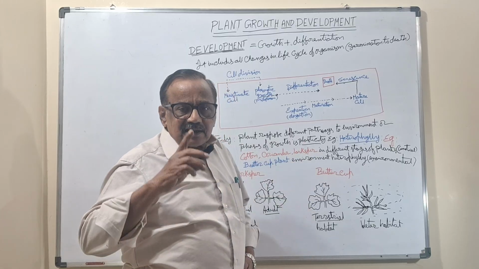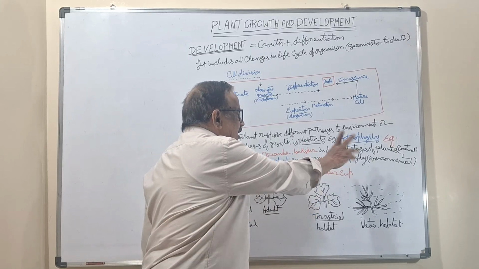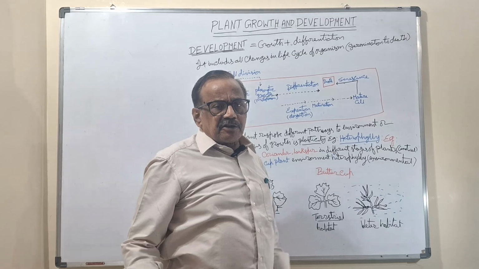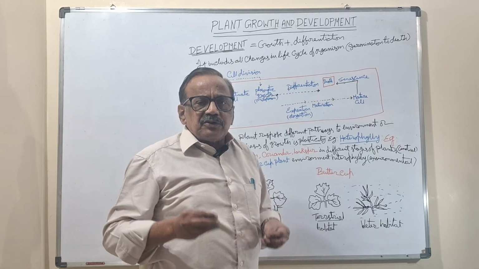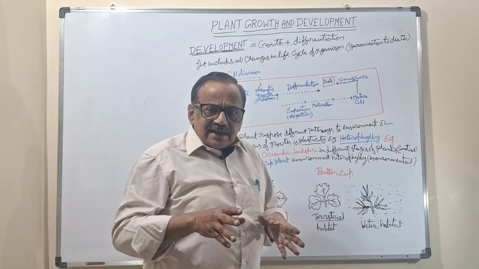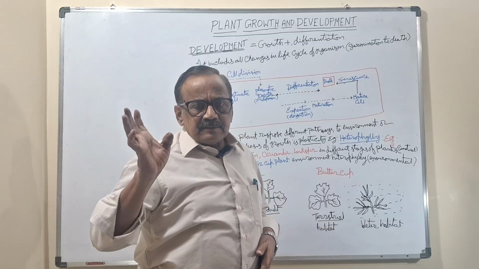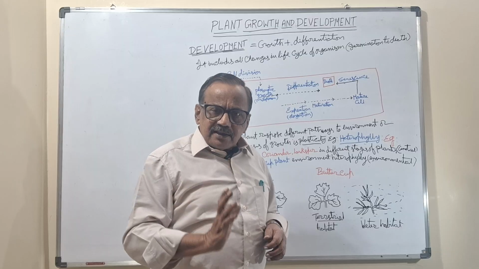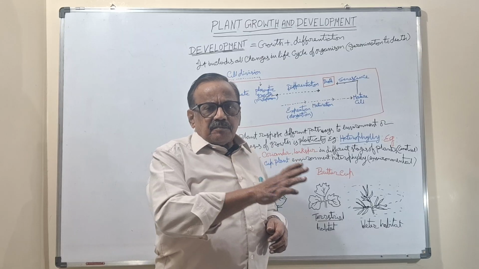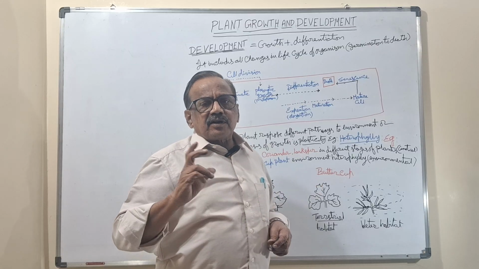For example, heterophylly is given. Heterophylly means the production of different types of leaves by the plant at different phases, which is done either by genetic or environmental factors.